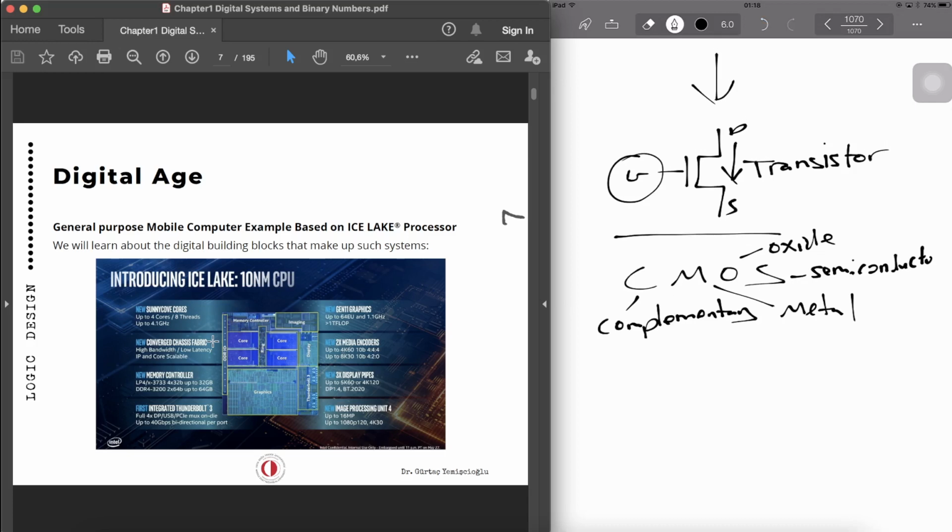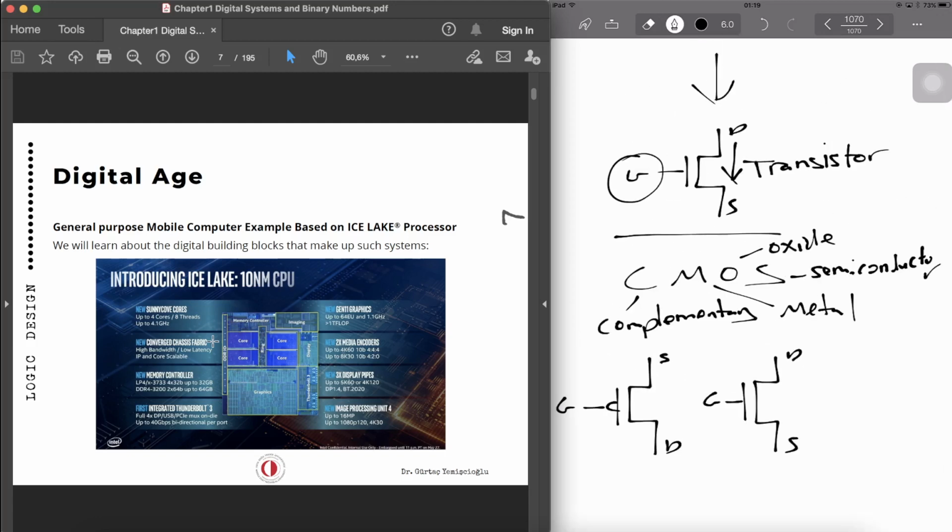Okay, so we have got two types. One of them is called PMOS, other one is NMOS. The difference is that bubble. Okay, so the gate, source, drain, gate, drain, source, and their legs are different based on their connections.